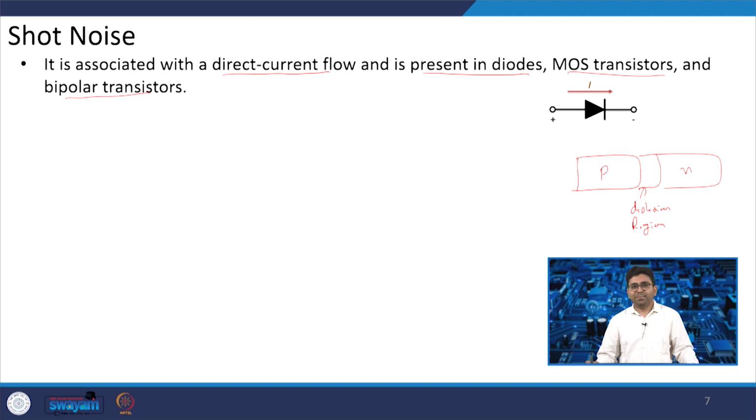Now, what will happen? You need a certain amount of voltage so that electrons from the n type will move to the p type and holes will move from the p type to the n type. After applying that built-in potential, the electrons and holes will move. When the current is flowing, it will not be exactly constant.